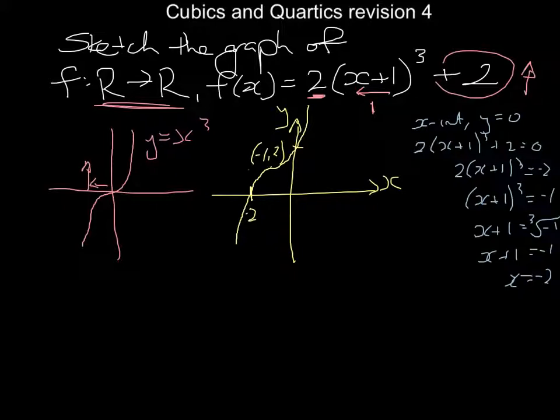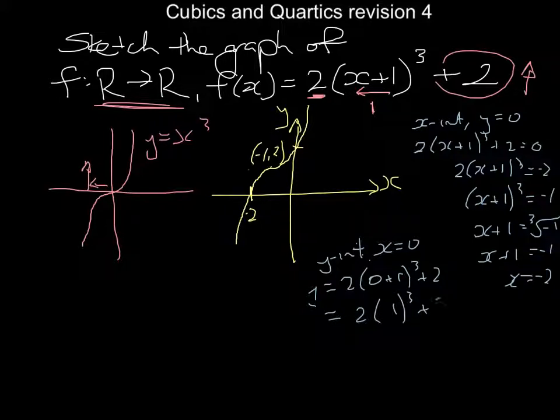So that tells us that our x-intercept is at -2 over here. Similarly, for our y-intercept, we make x equal to 0. So we have y is equal to 2 bracket 0 plus 1 cubed plus 2, which will equal 2 by 0 plus 1 is 1, cubed, plus 2.